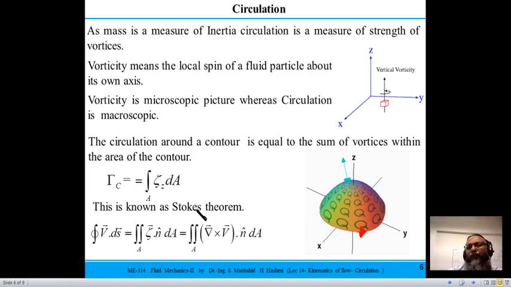Stokes theorem works because we already know that this vorticity vector is nothing but the curl of the velocity. So when you put it in this manner, this is known in mathematics as Stokes theorem.